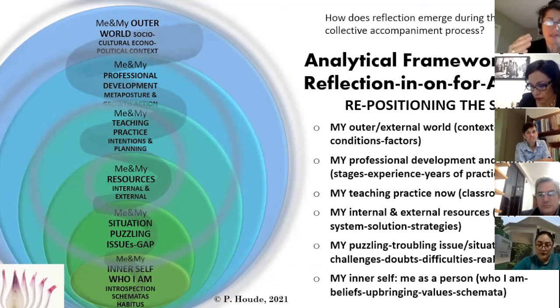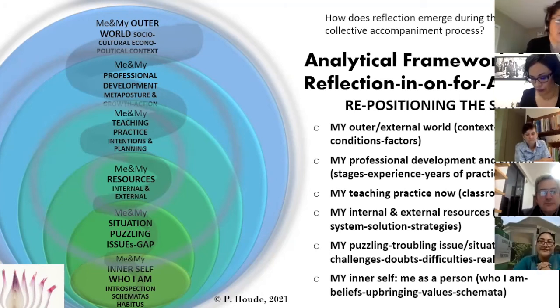Here I have six different dimensions. Flori was talking about dimensions of reflection. I like to look at it as different stages or dimensions, because we're never in just one place, you know, we're moving around. So the first one at the top is me and my outer or external world.